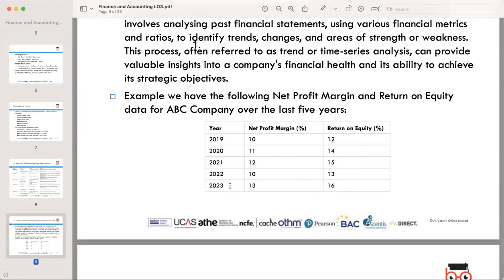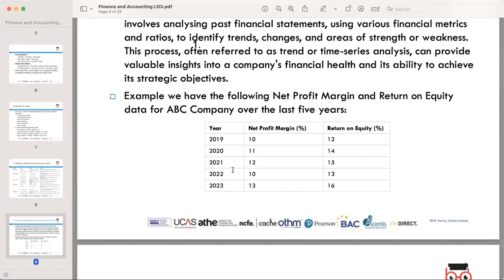Net profit margin is a financial metric that shows the percentage of each dollar of revenue that translates into profit. It reflects the company's efficiency in managing cost and generating a profit.